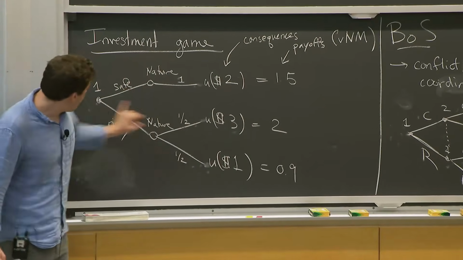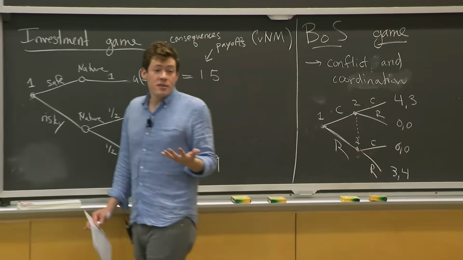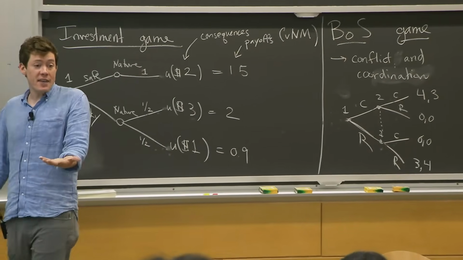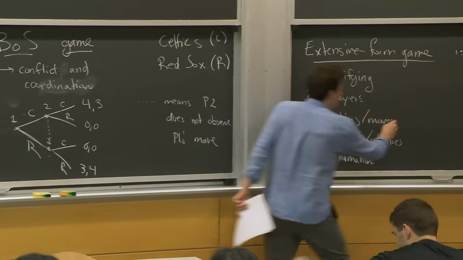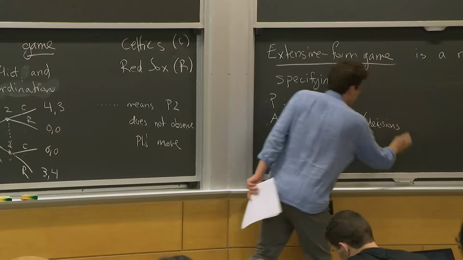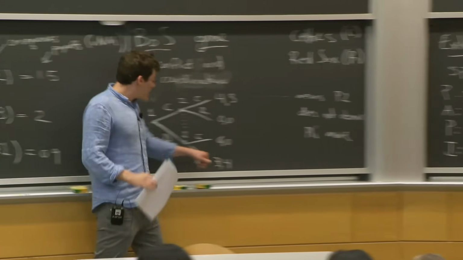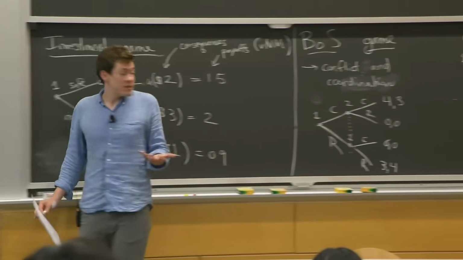There's the nodes like this, 1, 2, 3, which are decision nodes. These are nodes in the tree where people take decisions, or choose, maybe I'll say actions, moves, maybe I'll add one more synonym, decisions. And then we have nodes like this, which are at the end of the game, and these specify consequences.